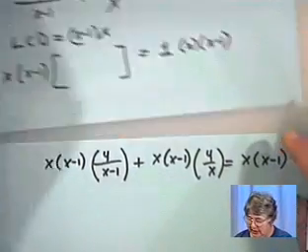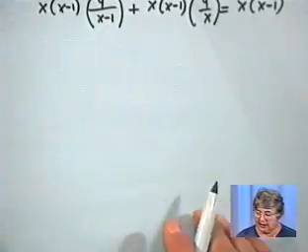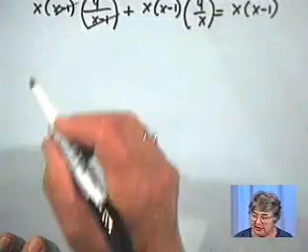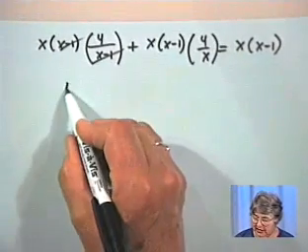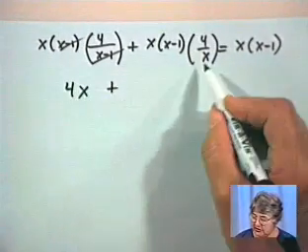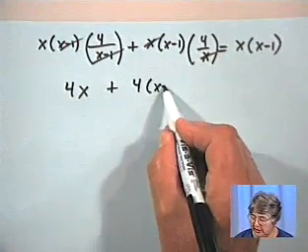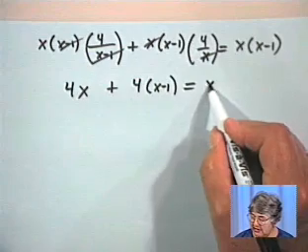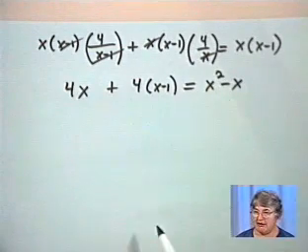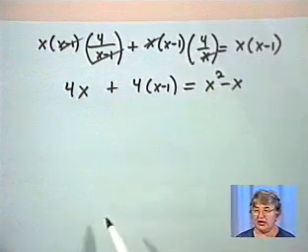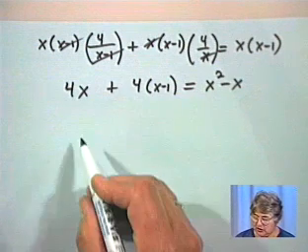So here we have an equation. We'll get rid of the denominators. For the first term, the X minus 1's cancel off, and we end up with 4X. For the second term, the X's cancel off, and we end up with 4 times X minus 1. On the right-hand side, we'll multiply that out, and we have X squared minus X. And we've got a quadratic equation. So let's simplify each side.